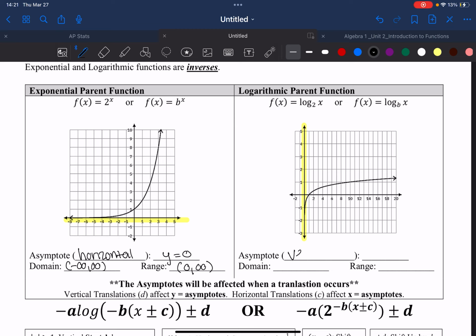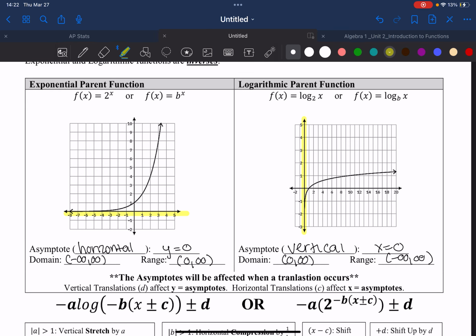So this is a vertical line at x equals 0, and then our domain is going to be the same as the exponential's range because they're opposites. So 0 to infinity, and then the range would be all real numbers.